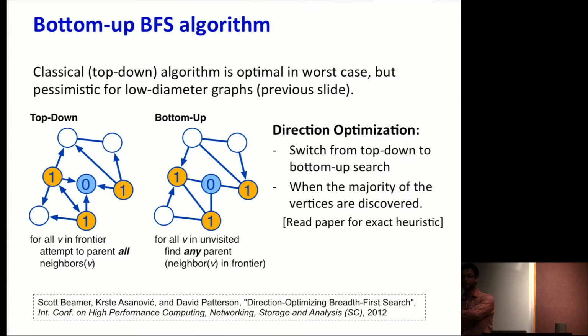And at that point, you switch from top-down to bottom-up. It's been neatly called the direction optimizing algorithm. You can read the papers for the exact heuristic on how to switch. But it's pretty robust in the sense that if you don't optimize it perfectly, it still is 5 to 10 times faster than top-down, regardless.